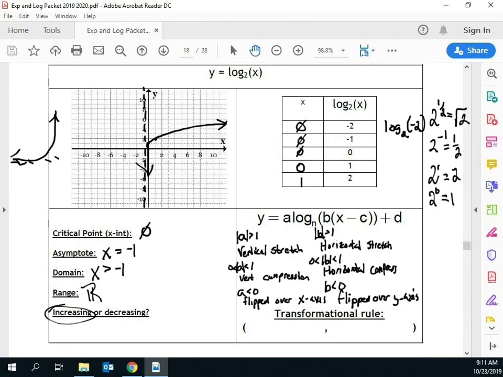Okay, and then we finish off with the two last ones. So what you see is C and D. What's C, guys? Good. If it is plus, we shift to the left, right? If it's minus, we shift to the right. D. Plus is up, minus is down.